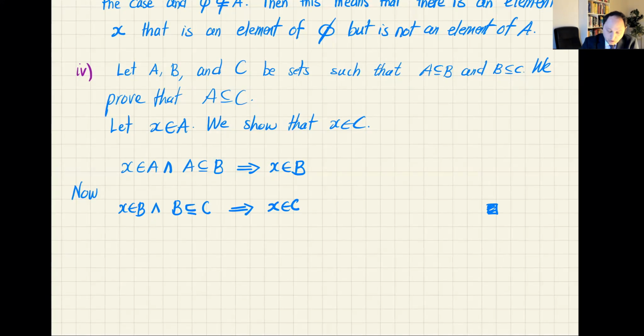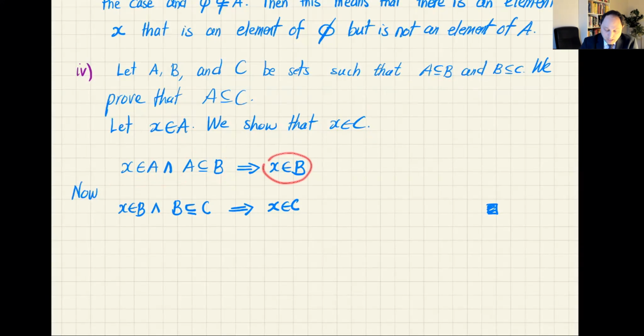What was my goal? My goal was to show that this X that I have chosen here will be in C. So I did it in two steps. You told me X is in A. Someone tells me that this A is a subset of B. So immediately, by definition of a subset, I can conclude that X is in B. This is guaranteed now by the definition of being a subset.